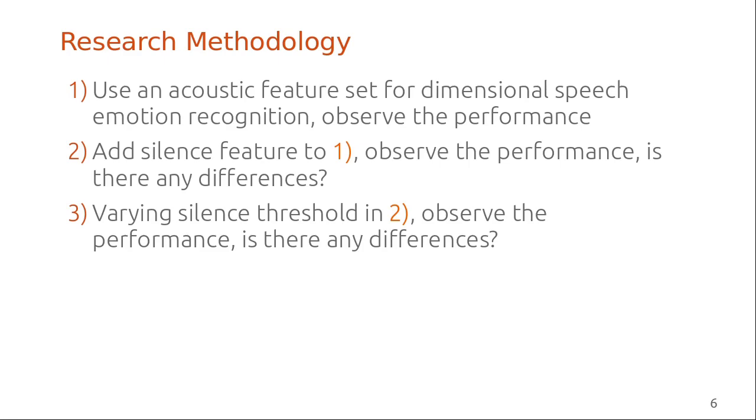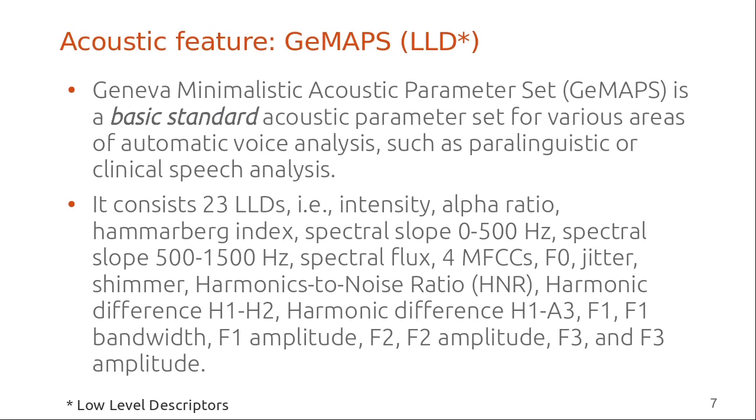So let's move to the first step. First, we evaluate an acoustic feature set to obtain the performance of dimensional emotion recognition. We use the GeMAPS feature set, which is widely used in speech emotion recognition, as the baseline.